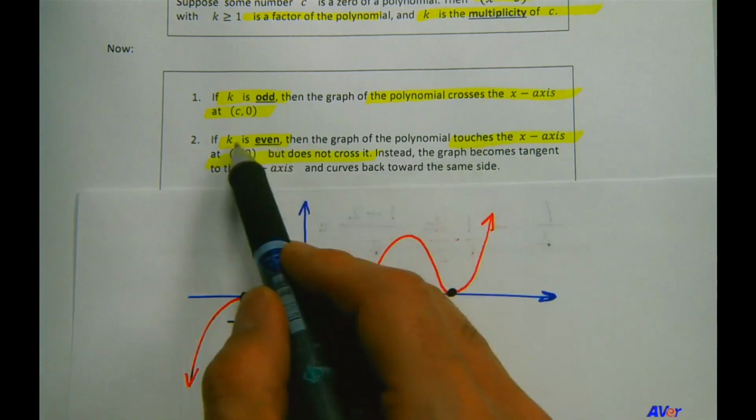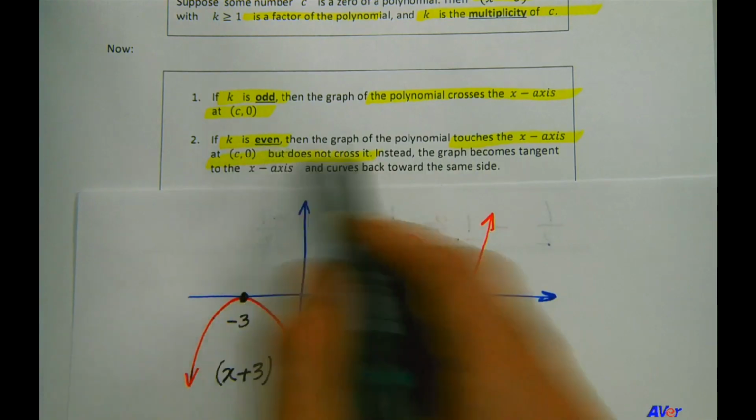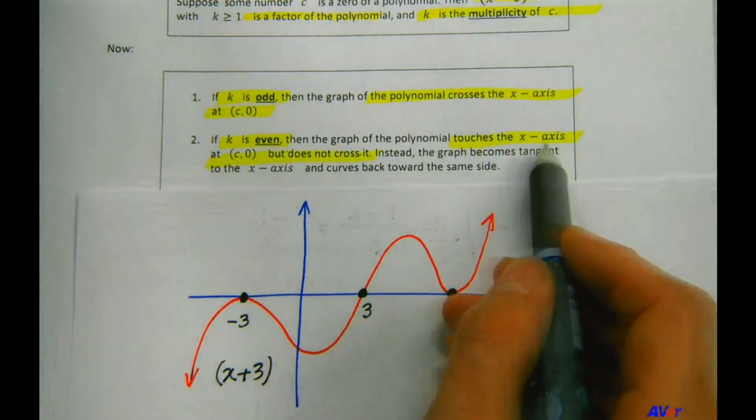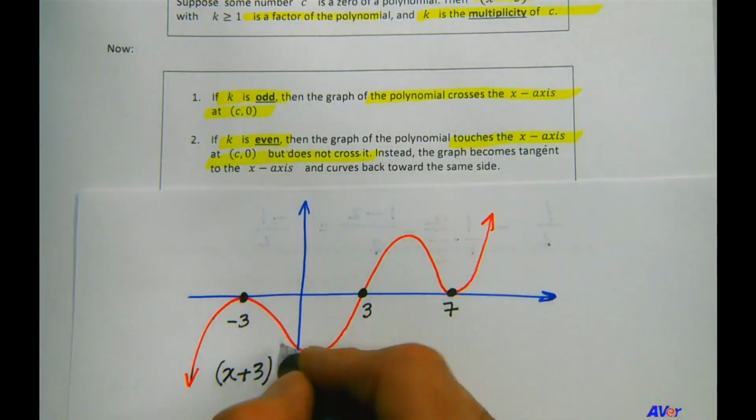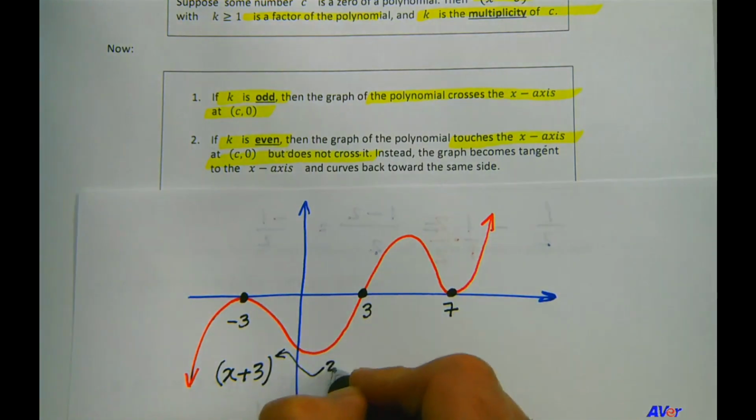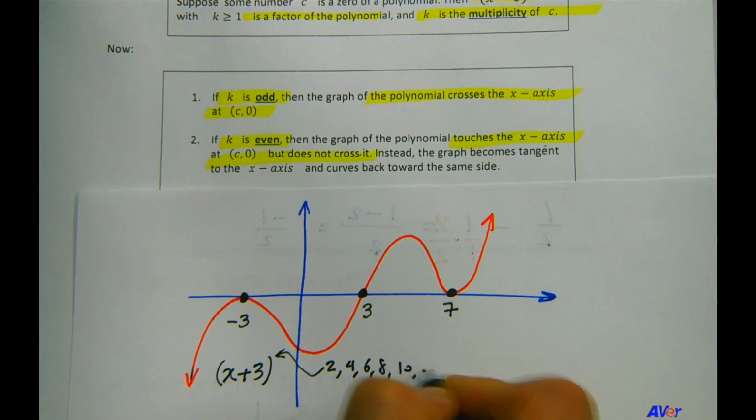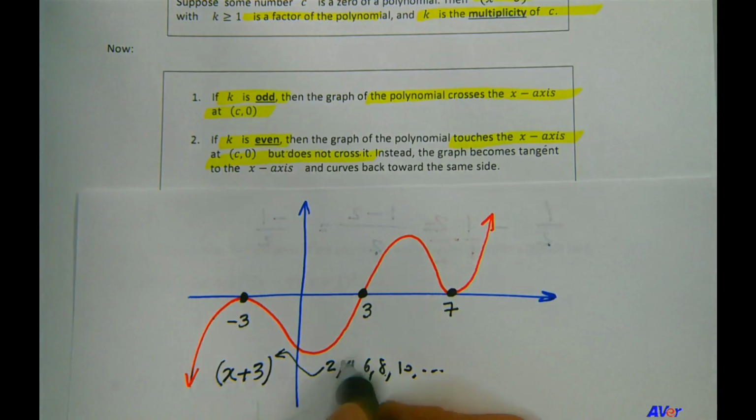See, if k is even, then the graph of the polynomial touches the x-axis but does not cross it. So this power here could have been 2, could have been 4, could have been 6, 8, 10, whatever. We don't know that. But what we do know is that that power must be even.